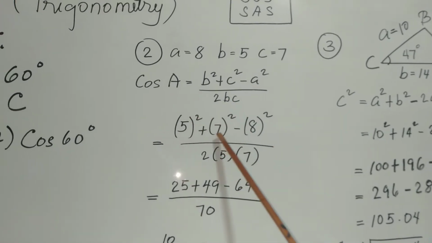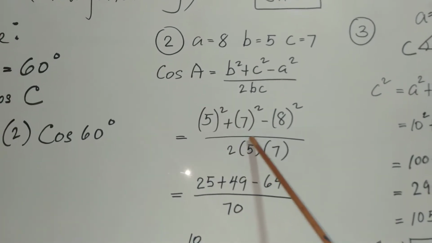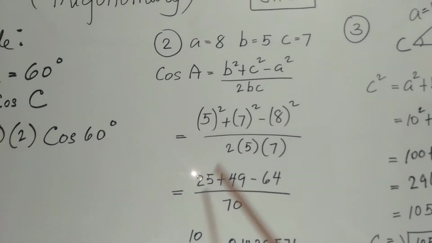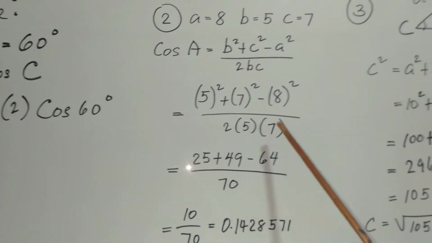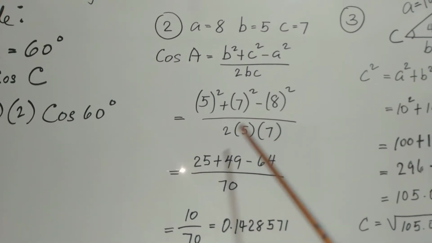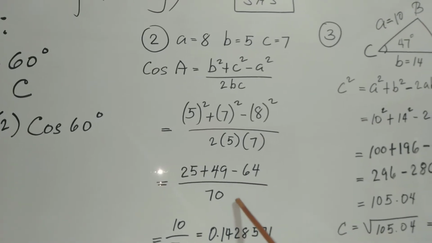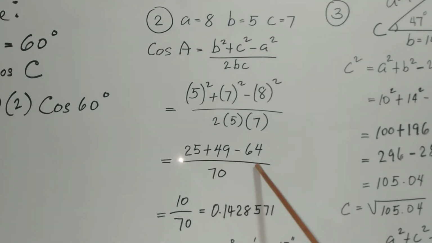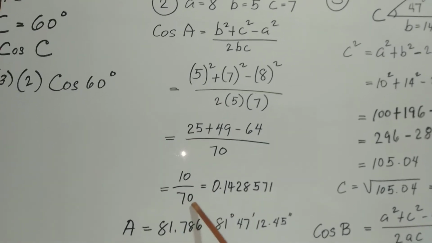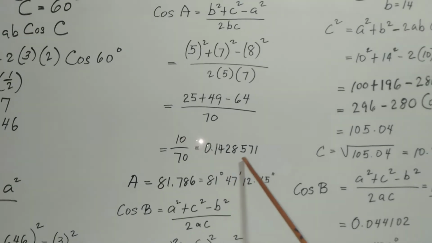So substituting all the values, 5 squared plus 7 squared minus 8 squared. So this is 25 plus 49 minus 64 over 5 times 7 is 35, times 2 is 70. So 25 plus 49 is 74, minus 64 is 10 over 70. We get this value here, 0.14285571.